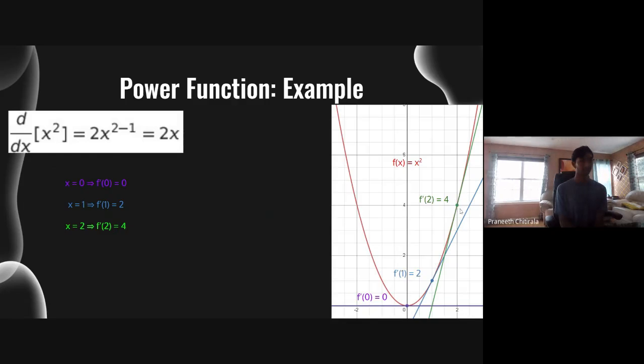And you can see very closely that over here, the rise is 4. For this green tangent line at x equals 2, the rise is 4 and the run is 1. So we could just use the power rule to find out what the derivative of x squared at x equals 2 is. And it was very easy from then on.